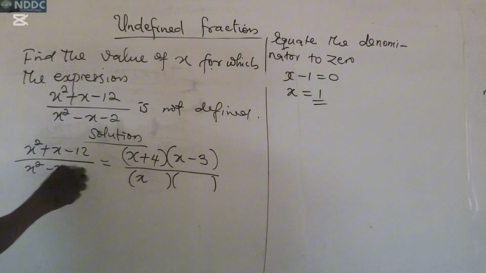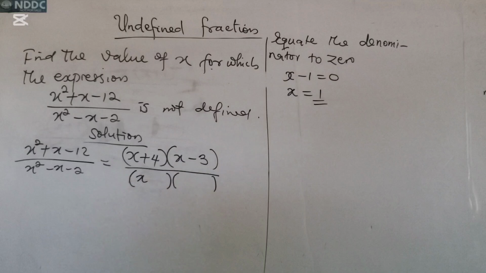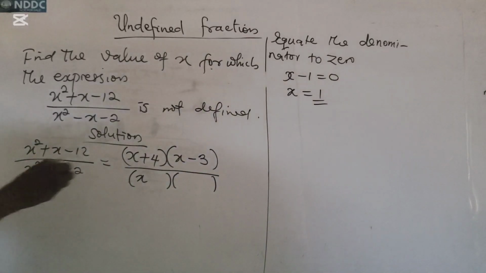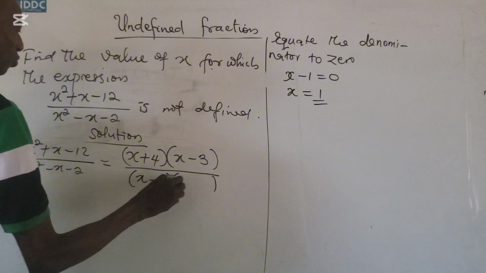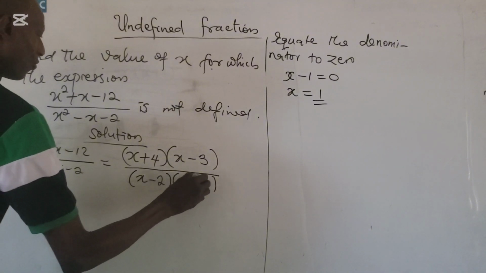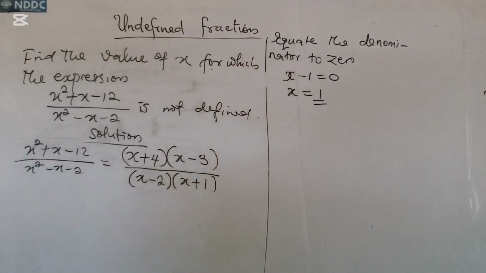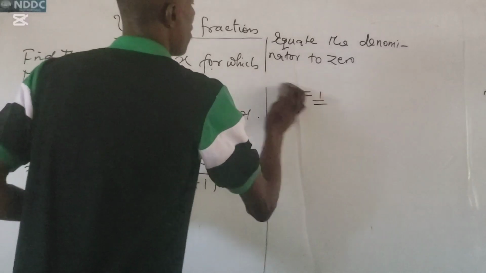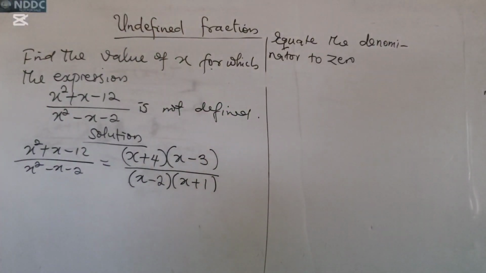So that is that. Yes, another x. Now you think of numbers that multiply to give you minus 2, and when you add, give you minus 1. So it's minus 2 plus 1. Now if you look at the numerator and the denominator, they don't have anything in common.